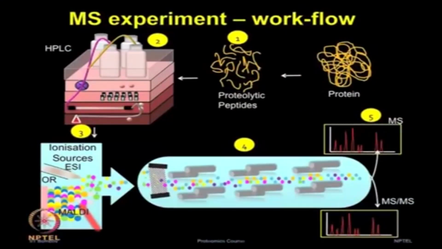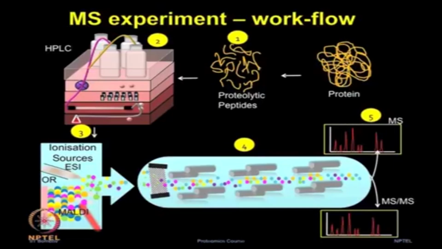So, as you can see in the slide, in the MS experiment workflow, there are multiple steps involved. I have numbered those from 1 to 5. Protein samples are digested using trypsin and peptide mixtures are fractionated by using liquid chromatography or LC.